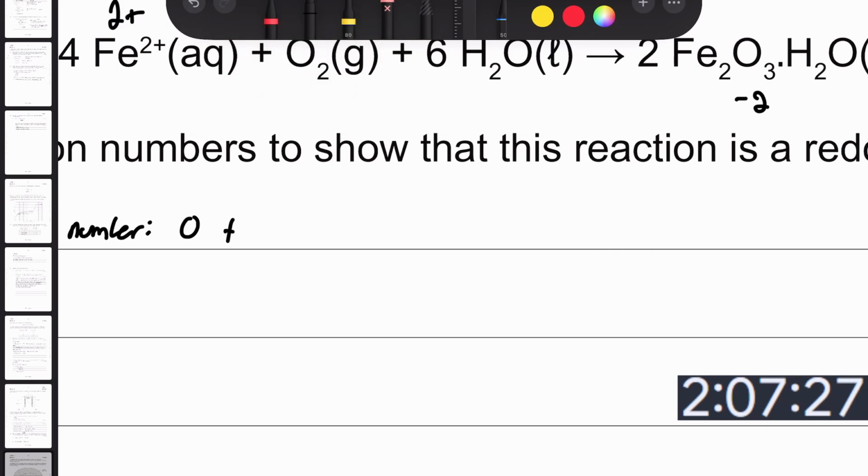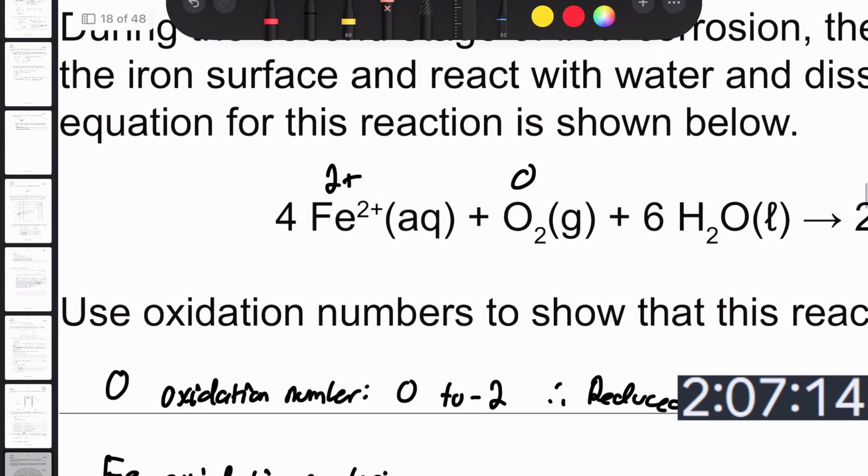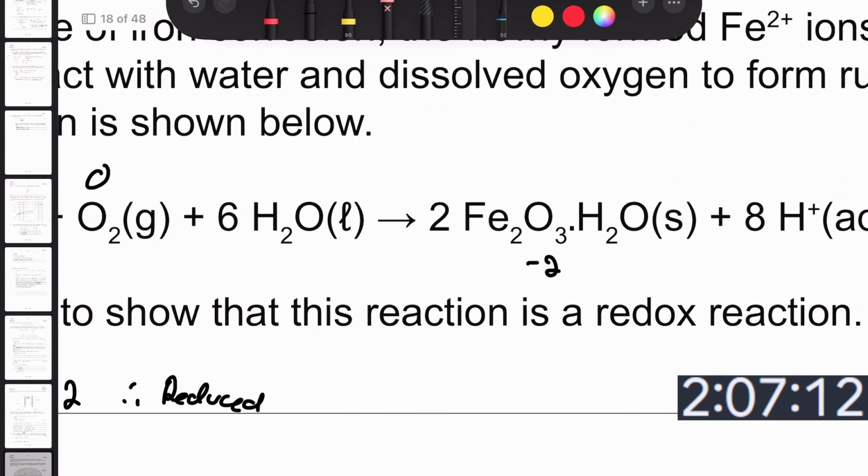I think I just need to go to -2. I say therefore reduced. And then Fe oxidation number: it goes from +2, so there's going to be -6 in total, so that's going to be +3.